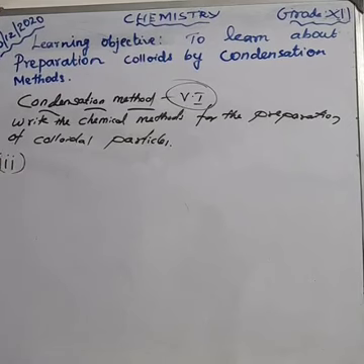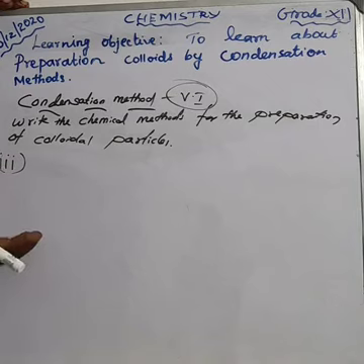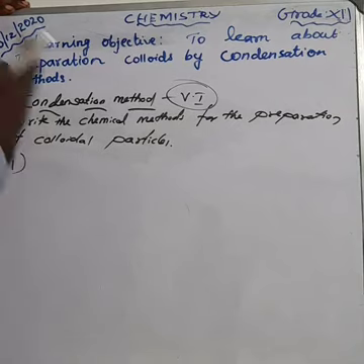Hydrolysis. How can you prepare a colloidal salt by the hydrolysis method? Hydrolysis means, as we already learned, we are adding a calculated quantity of water. Here we are using metals like chromium and aluminium.